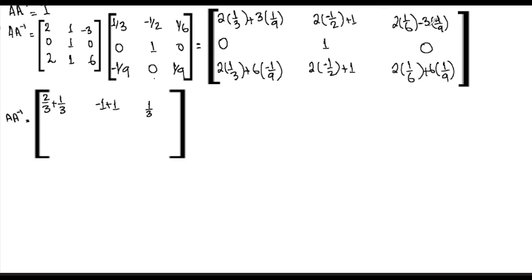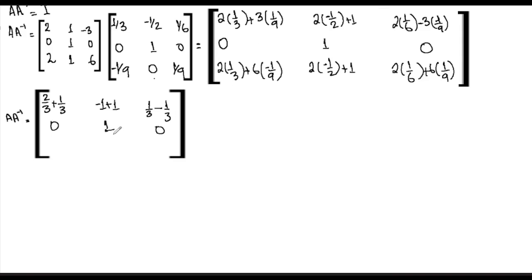So minus 3 into 1 by 9 gives us minus 1 by 3. This entry is already 0, 1 and 0. This row is the nicest row ever.